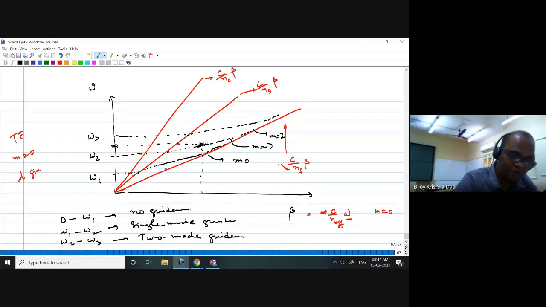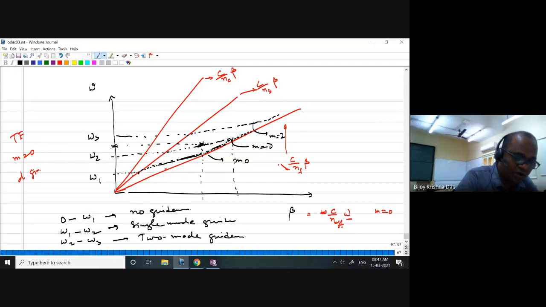For that frequency you also have another solution for m equal to 0. When I plot this, it will merge, closely matching, but it can continue like this. It will not come below that. Any solution below will not be there. It will just extend like that.